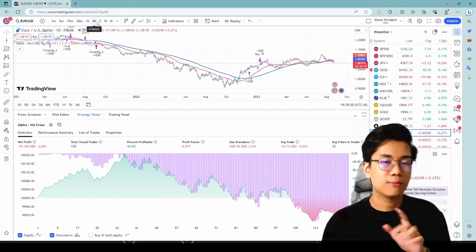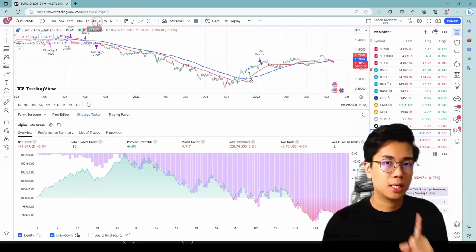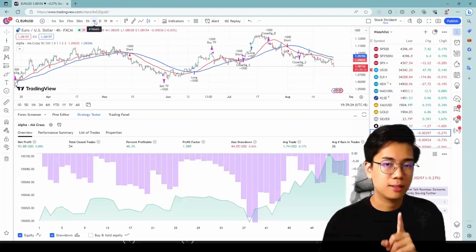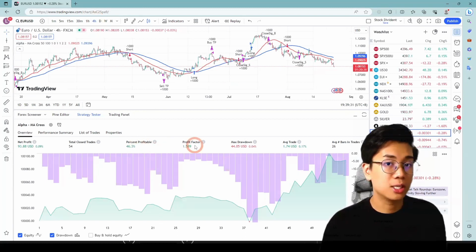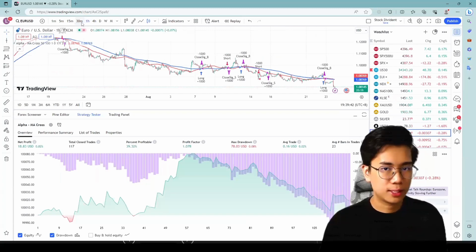And what you can do is, with the same strategy, you can change to other time frames. You see, this is the performance in the 4 hour time frame. Although the 4 hour win rate is low, your risk reward, profit factor, is actually 1.58. Meaning that most of the time you win more than you lose. You go to 1 hour, losing a bit.